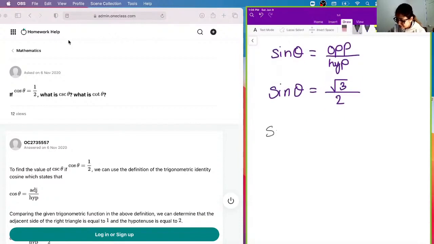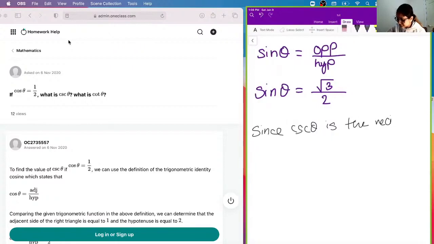So since cosecant theta is the reciprocal of sine theta, we can determine the value of cosecant theta by taking the reciprocal of root 3 over 2.